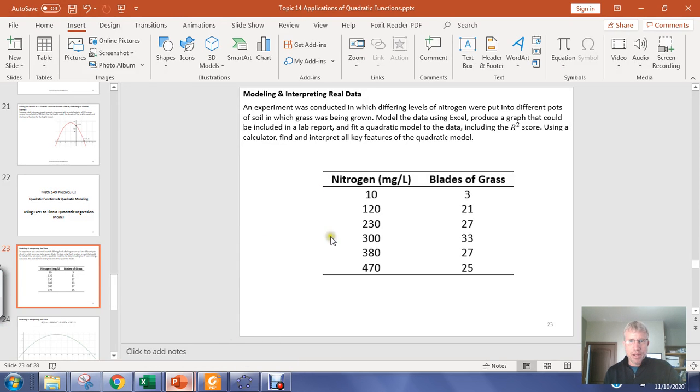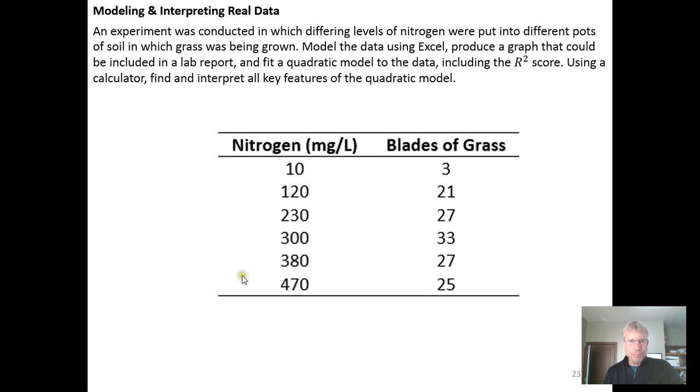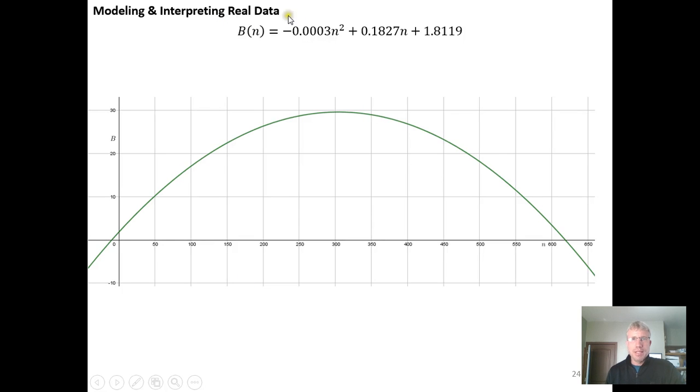I've got my model that I got out of Excel already typed into PowerPoint, and I graphed this model using GeoGebra, and we can see it's got some key features. It has a vertex. We'd like to find and interpret the vertex. It has a horizontal intercept right here. Remember, this is the nitrogen axis. This is the blades of grass axis.